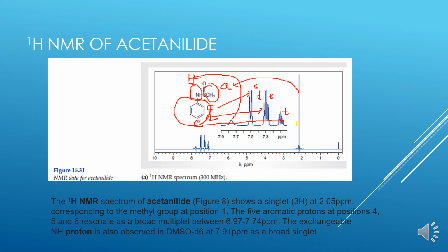Near the meta protons, ortho and para protons are there, therefore n plus 1 gives 3, a triplet. Again for the para proton, two equivalent meta protons are there, so this is split into a triplet. Anyhow, this is the proton NMR of acetanilide.